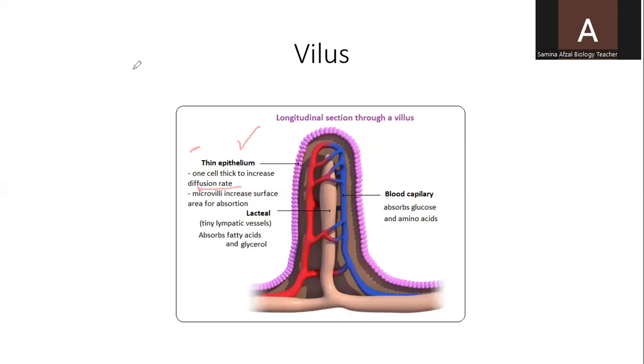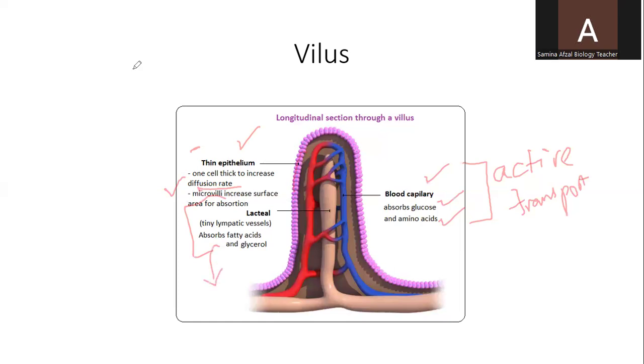Microvilli increase surface area for absorption, as I told you, and then the blood capillary is there for the absorption of glucose and amino acids. The glucose and amino acids are absorbed through the blood capillary by the process of active transport. In the lacteal, the tiny lymphatic vessels are there for the absorption of fatty acids and glycerol.